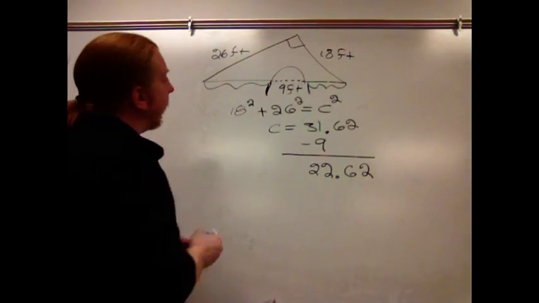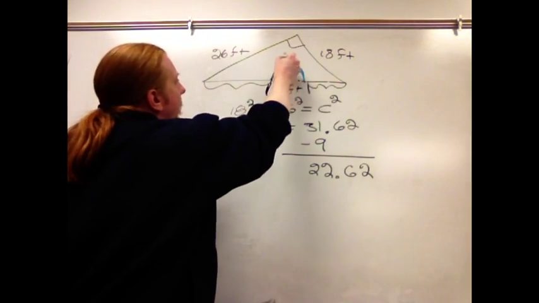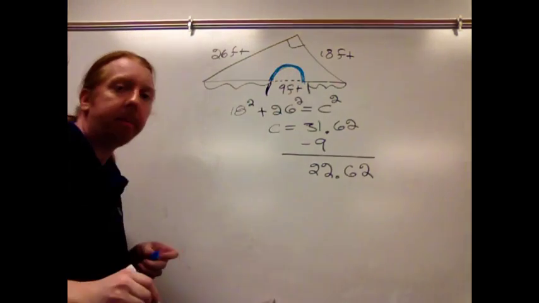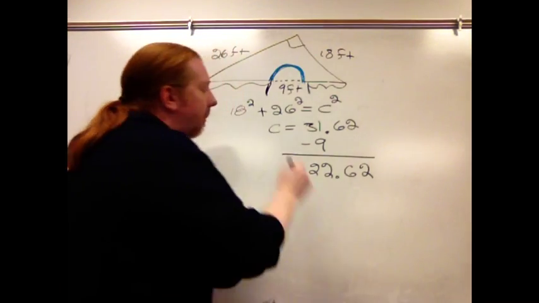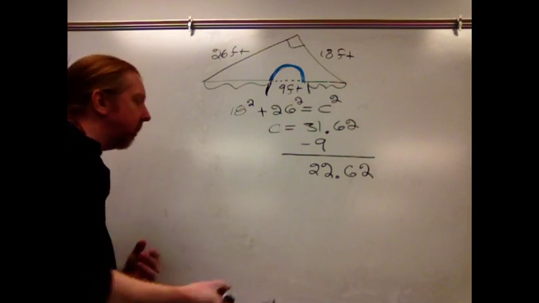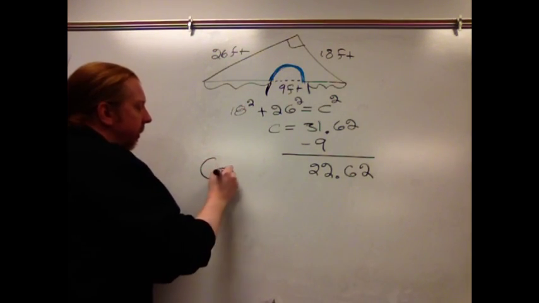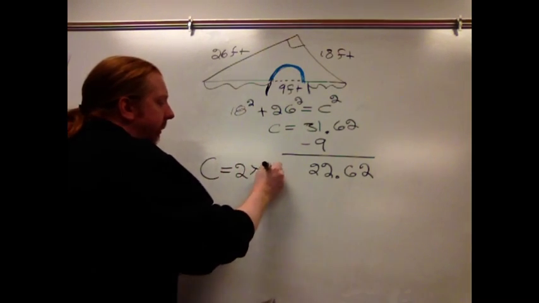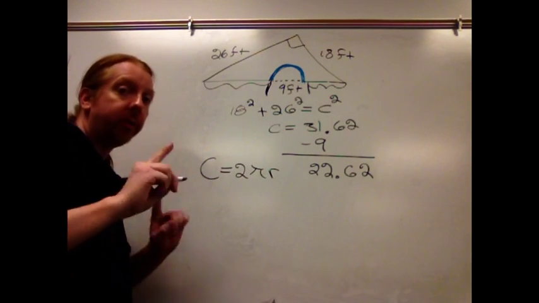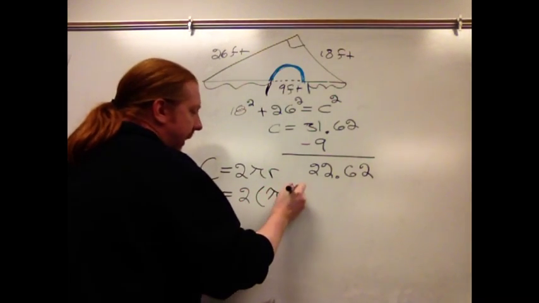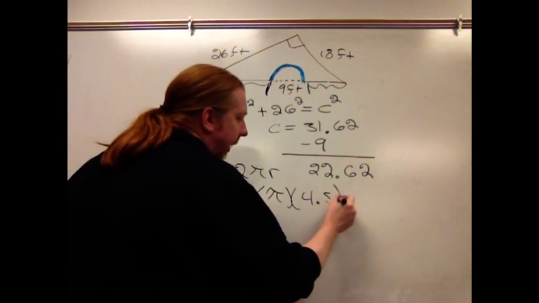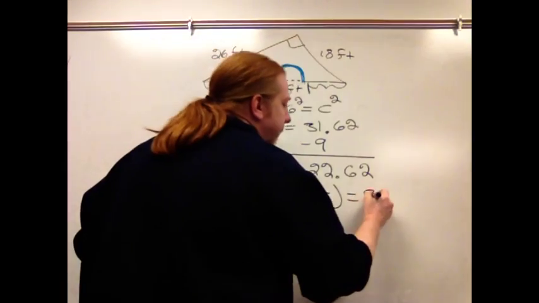What I still need to get is that piece along there. Now, to do that, I'm looking at that again as a half circle. The circumference of a circle is 2 times pi times the radius. Radius, we said, was 4.5. So 2 pi times 4.5 is going to give me 9 pi.